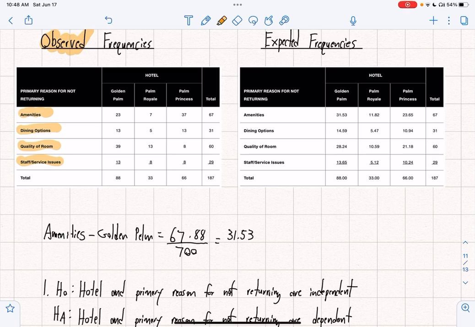We're not going to go further with this. We just don't have enough time. But here we can just say there is a relationship between reason for not returning and which hotel they went to. So the next step, we just need to be aware that we would then need to identify where things are going wrong. Does the Golden Palm, say, have poor dining options, and that's why people don't want to return, compared to, say, the Palm Royale?